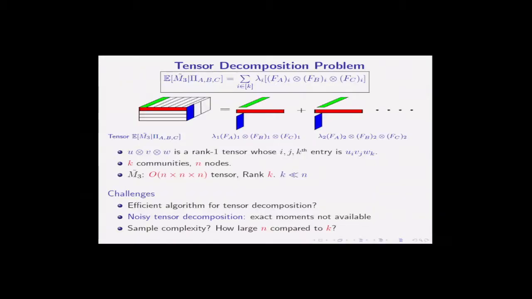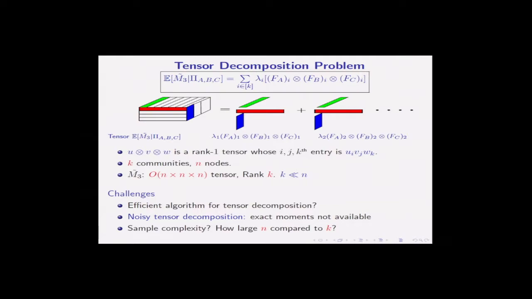Intuitively, if I think of this tensor, it's a sum of k terms, where k is the number of communities, and each term is a rank 1 tensor. The definition of a rank 1 tensor is very similar to a rank 1 matrix. If I have u ⊗ v ⊗ w to be a rank 1 tensor, that means a particular entry, the ijk-th entry, is u_i times v_j times w_k. So my tensor in expectation is a sum of k rank 1 terms.